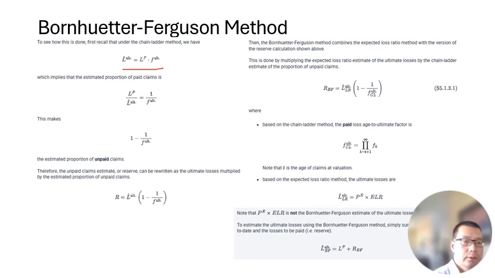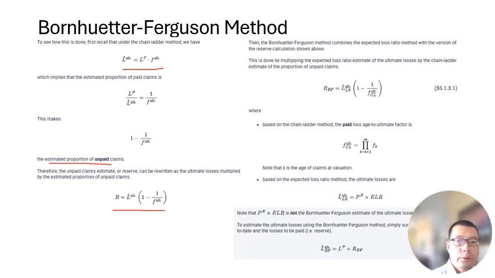So this makes 1 minus 1 over the ultimate factor the estimated proportion of unpaid claims. Therefore, the unpaid claim estimate, which is the reserve, can be written as the ultimate loss multiplied by the estimated proportion of unpaid claims.